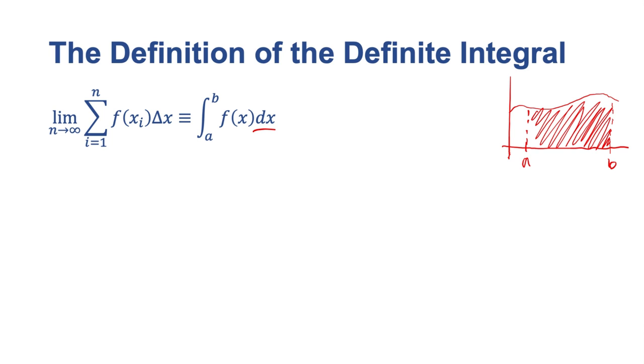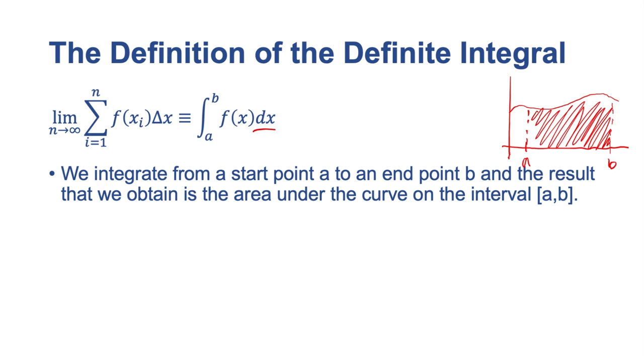So if we have a dx, that means we're integrating with respect to x. If I have a dt, then we're integrating with respect to t. So as I said earlier, we will integrate from a starting point to an ending point, and our answer is going to be the area underneath the curve between a and b.